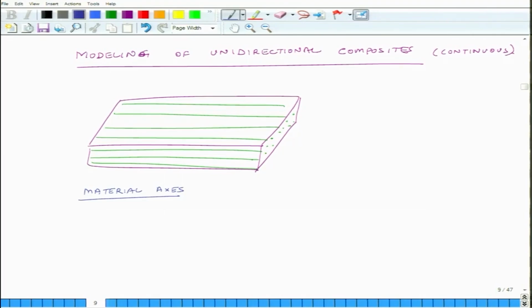So, what are the material axes? The first material axis is the length direction, or the L direction. So, this is called L direction, sigma L. So, you have L, and what does L correspond to? It is the axis aligned to the length of the fiber.